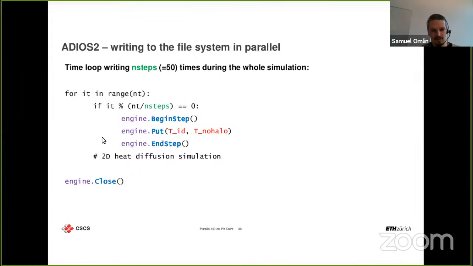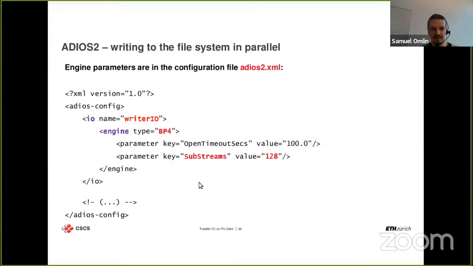All right, and then in the rest of this time step, we will do the actual 2D heat diffusion simulation, which you can see in the concrete example. In the end, we close the engine. Now the third thing is we have the ADIOS XML file, which is the configuration file.